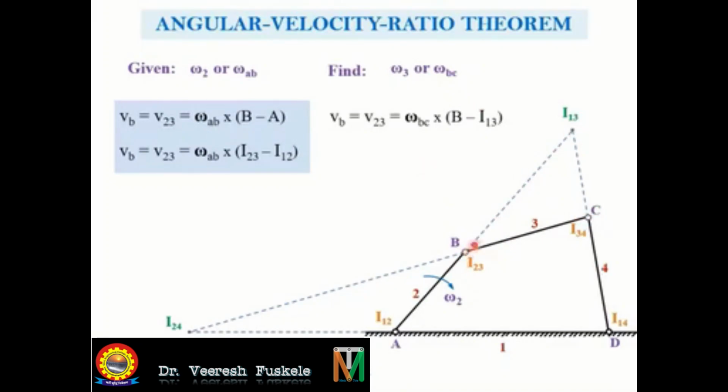This can also be written as V23 is equal to omega BC into I23 minus I13, this distance.